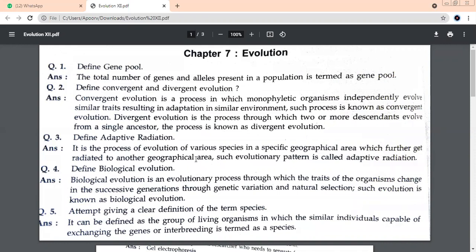You'll get to know which kind of short questions are asked. Try and prepare them here only.